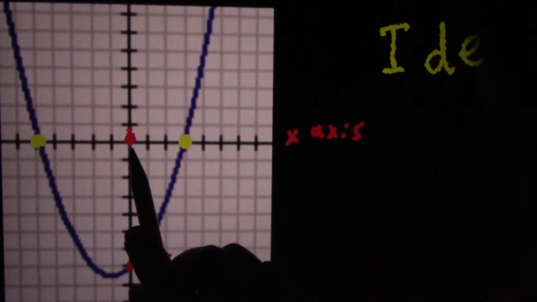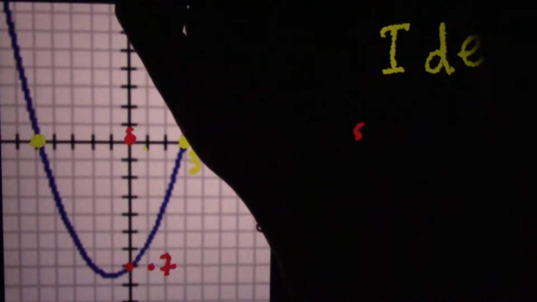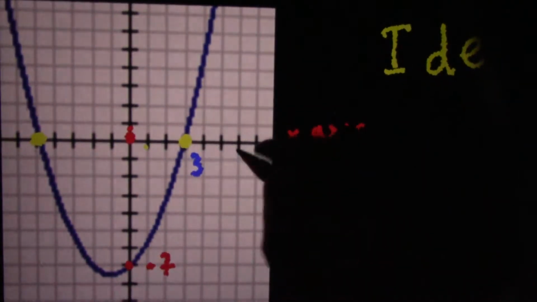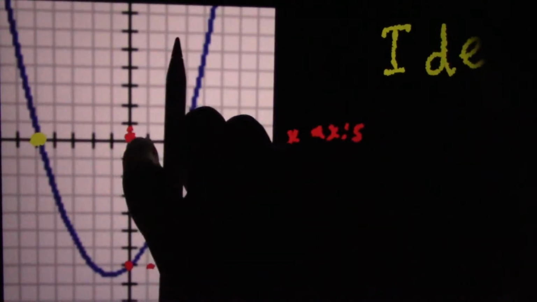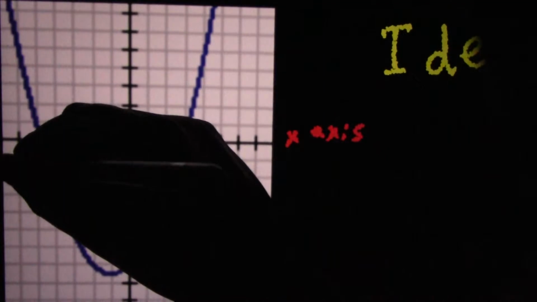So let's count. This is +1, +2, +3, and then -1, -2, -3, -4, -5.